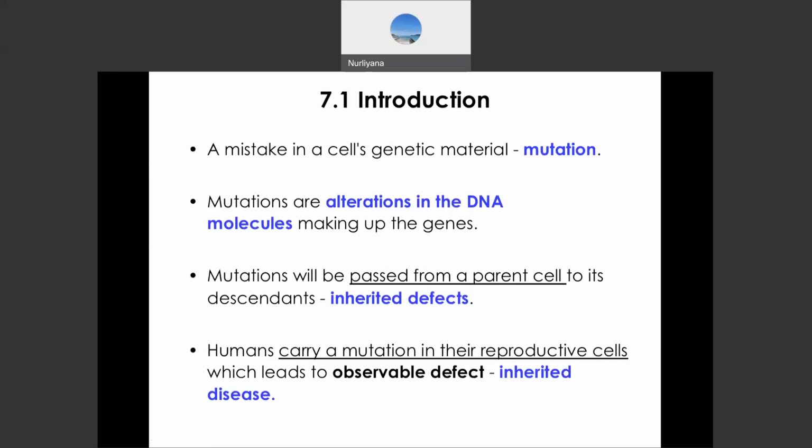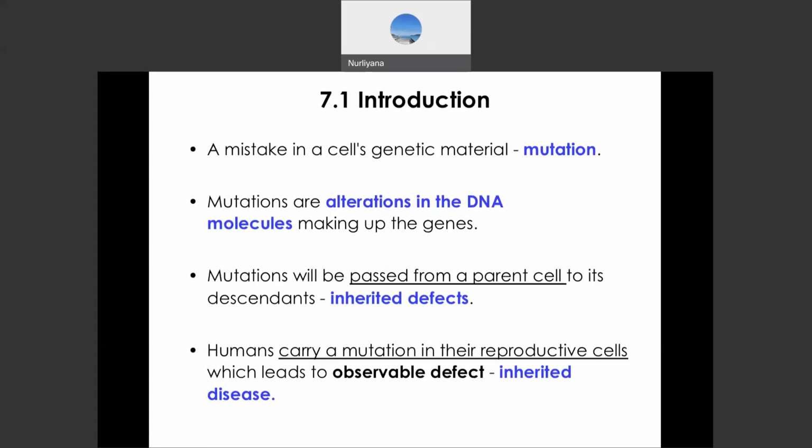There are some cases where there is a mistake in the genetic makeup or in the DNA composition of a cell. What are the impacts that will happen in the process?